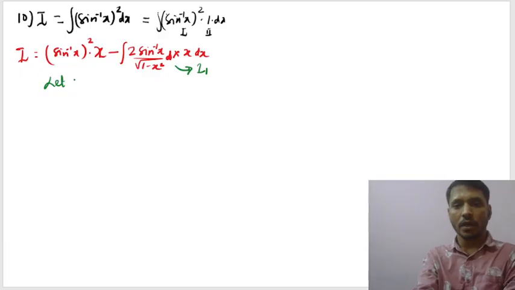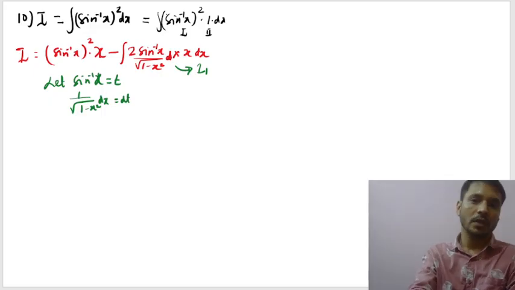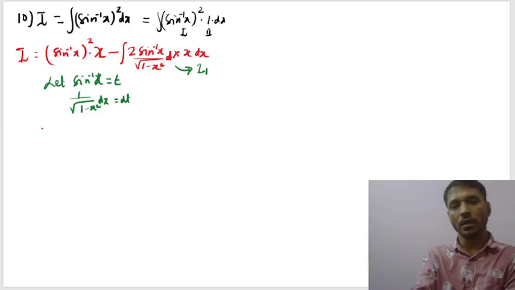In I1 we are substituting sine inverse x equal to t. That means from here we will get 1 by under root of 1 minus x square into dx equal to dt. Now our final answer I will become I1 actually.